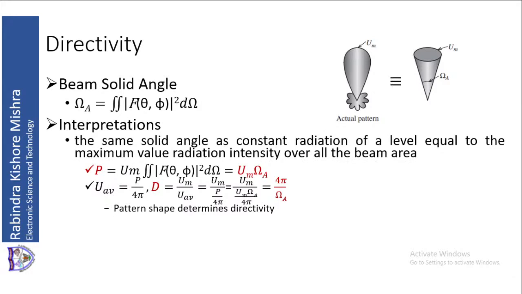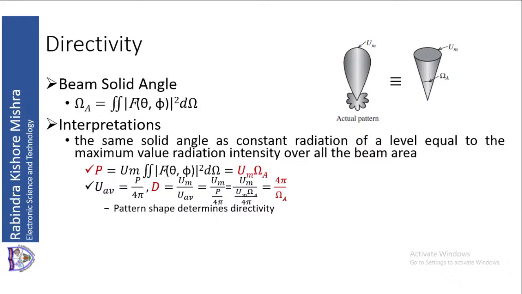It is the same solid angle as constant radiation of a level equal to the maximum value of radiation intensity over all the beam area. That is how you interpret it.